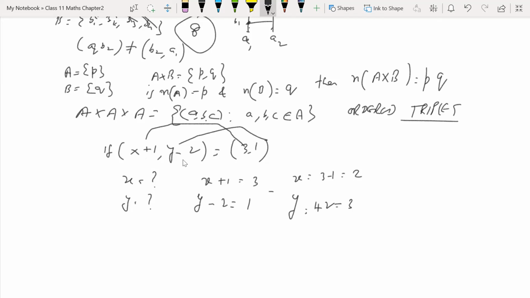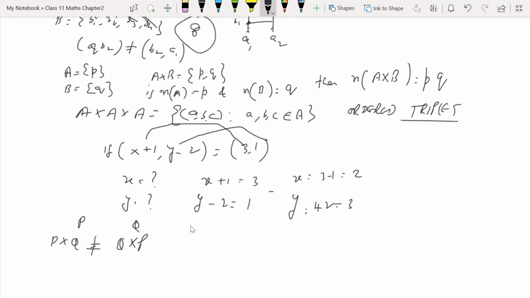Similarly, consider the Cartesian product. If two sets have a Cartesian product, like one set P and another set Q, is PQ equal to QP? No, PQ is not equal to QP, because in ordered pairs, one pair is not equal to another pair.